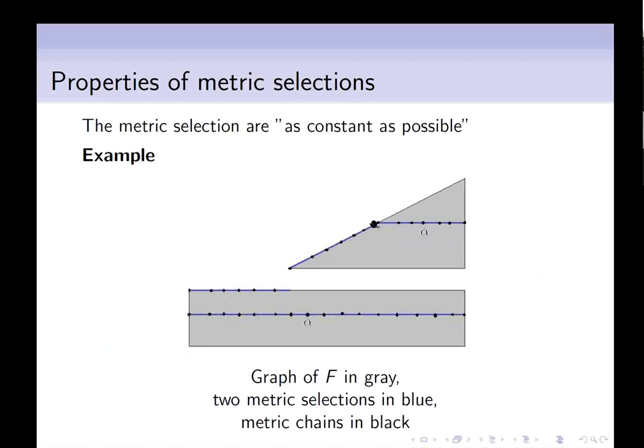And we have another metric selection: again, another metric chain, and we increase the number of interpolation points in the partition, and end up with this metric selection, which is discontinuous here, since this function is also discontinuous in the Hausdorff distance. And what is written here is a kind of graphical property of this selection. We also call them lazy selections, since they try to stay as constant as possible.